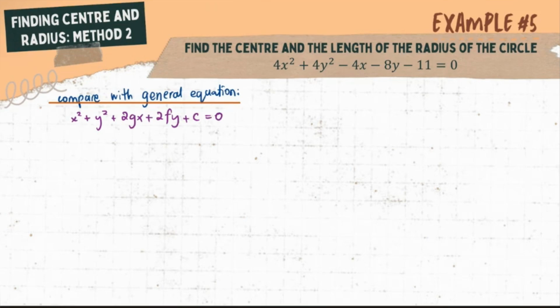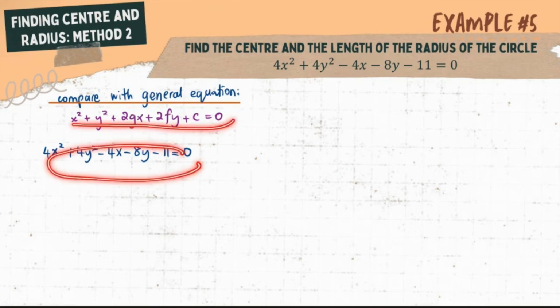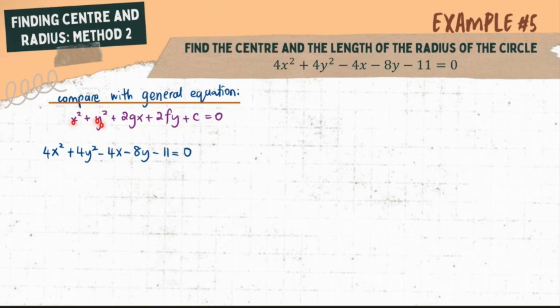Okay, tapi kita ada equation 4x squared plus 4y squared minus 4x minus 8y minus 11 equals to 0. So dekat sini tak boleh directly compare untuk dapatkan 2g lah. Sebab kita punya coefficient of x dengan y square ini dia masih lagi 4.